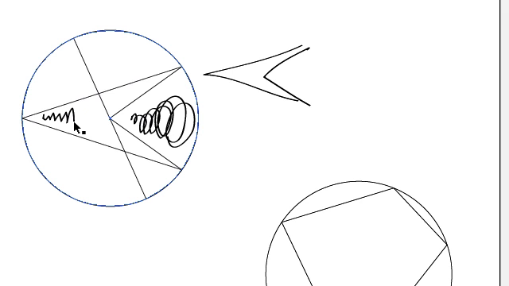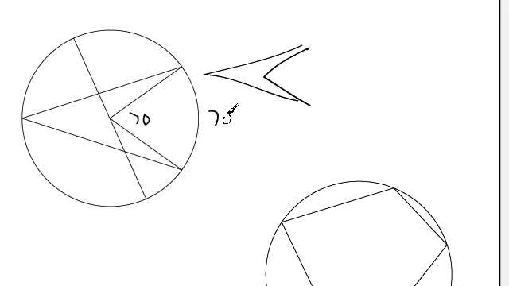Now, this central angle could be anything. Let's say I take off the scribbling that I just did, and I wrote in, it looks to be about 70, maybe a little bit more, 70 degrees. Based on what you've learned about central angles, if the central angle is 70 degrees, that means that the arc is 70 degrees as well.